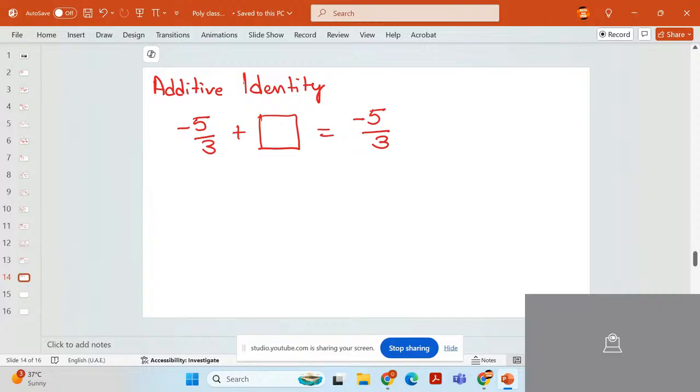Identity means same. So when you add, you should get the same number.